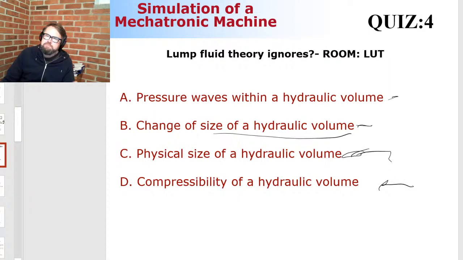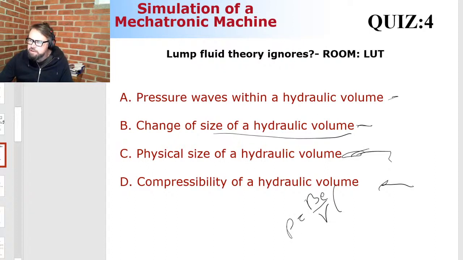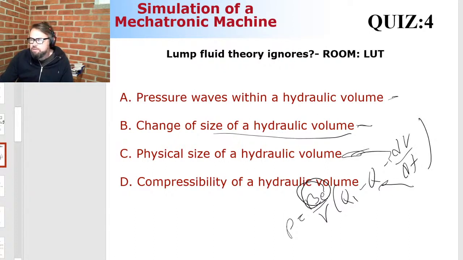Compressibility, well, it's there, because the equation is like this: flow rate in, flow rate out, and then there is this volume change. This is the compressibility, so it's there. Other components are there as well, but something is missing. So what is missing? That is the thing that we're getting back to on Monday.